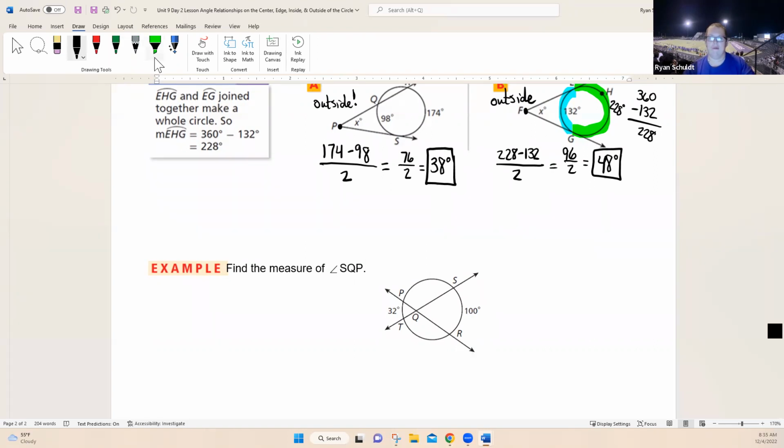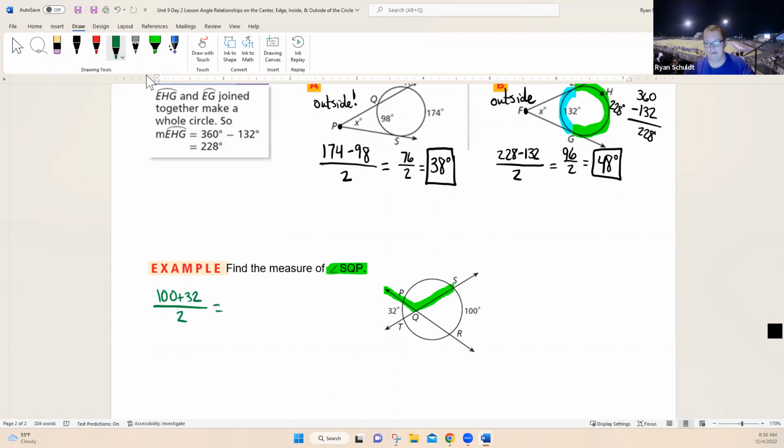This next example, they want us to find the measure of angle SQP. But we have a small issue. The formula that we know says you add the two arcs together, so the 100 plus the 32, and then divide that by 2.